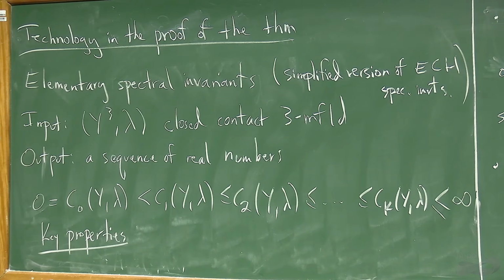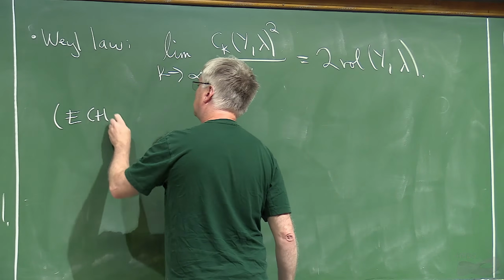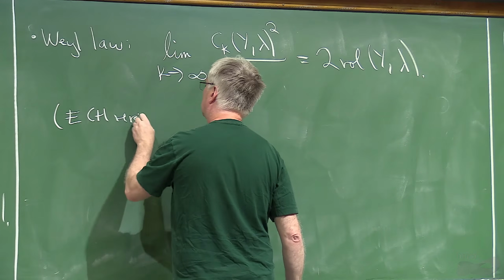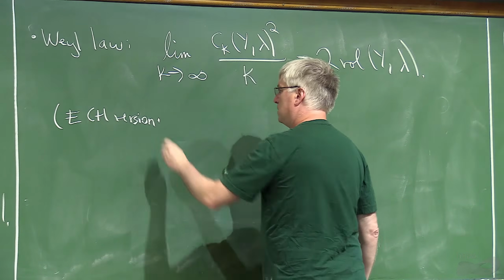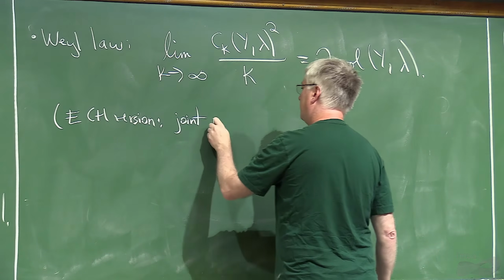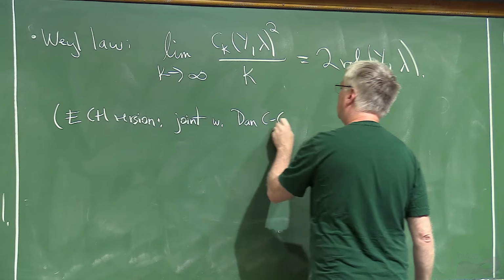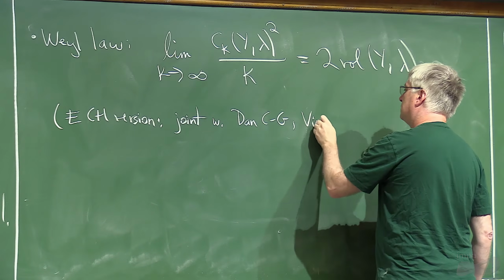There's a Weyl law for the spectral invariants coming from embedded contact homology, and the ECH version of this was proved in a joint paper of myself with Dan Cristofaro-Gardiner and Vinicius.